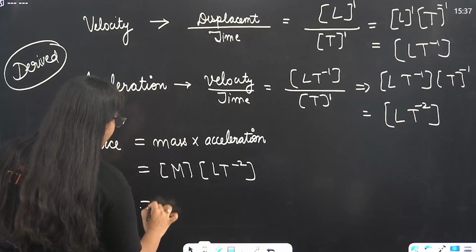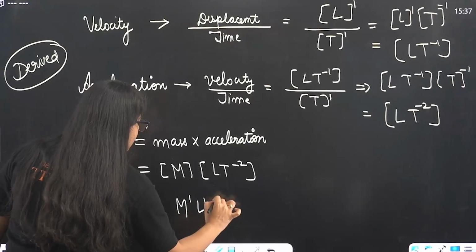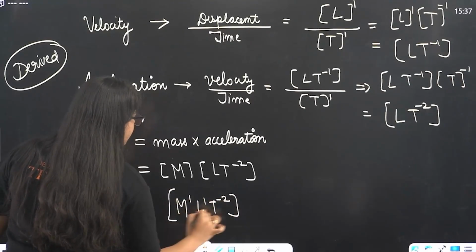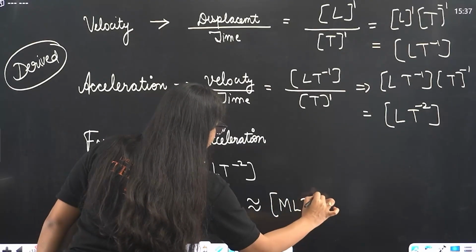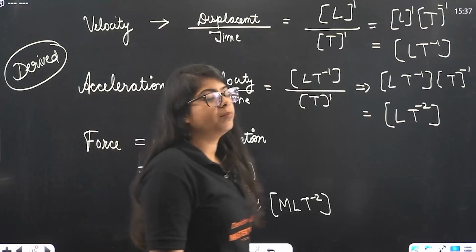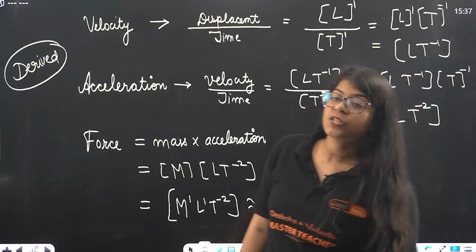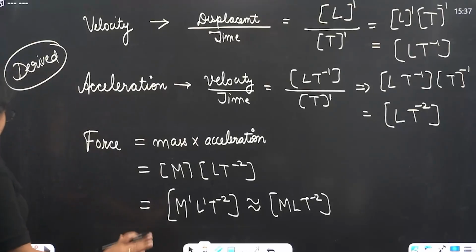So how will you write this? You will write this combining m1 L1 T minus 2, or you can write it as m L T minus 2. Understood? These will be known as the dimensions of force. Understood completely? Any doubt?